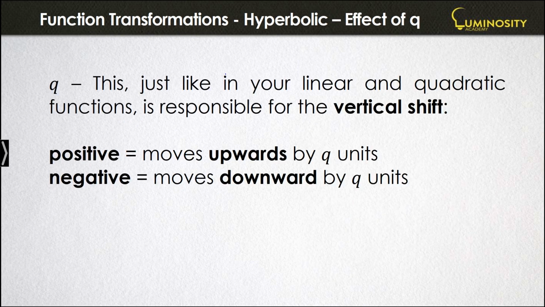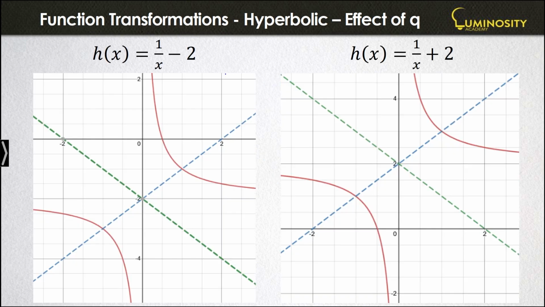Now, what is the effect of q? Q, just like how it functioned in our linear and quadratic function, is going to be responsible for a vertical shift. So when q is positive, our graph is going to shift upwards, and when our q is negative, it's going to shift downwards. So we can take a look here.